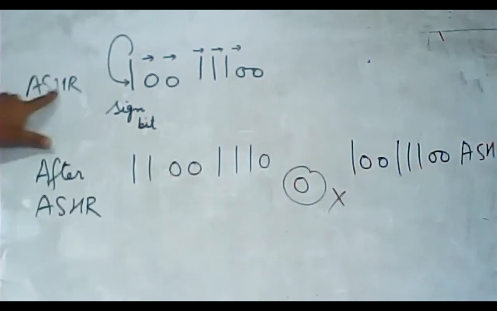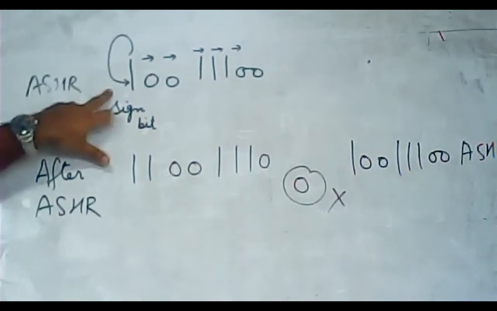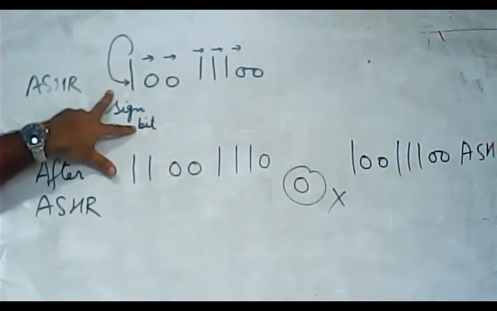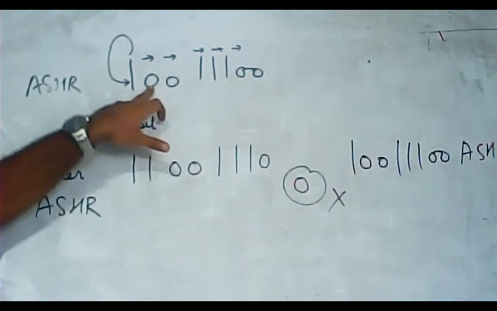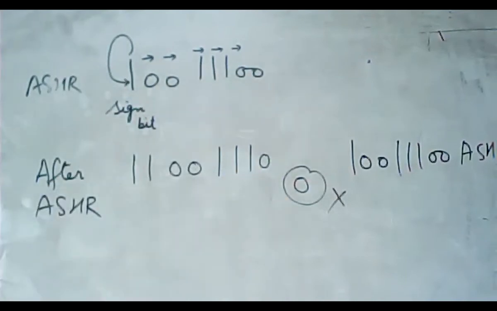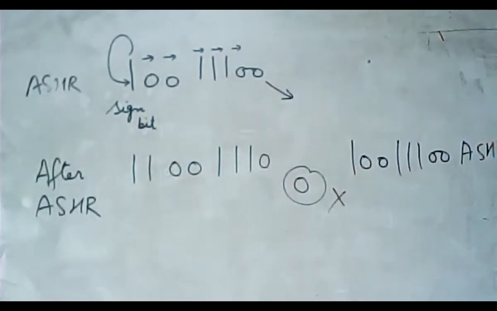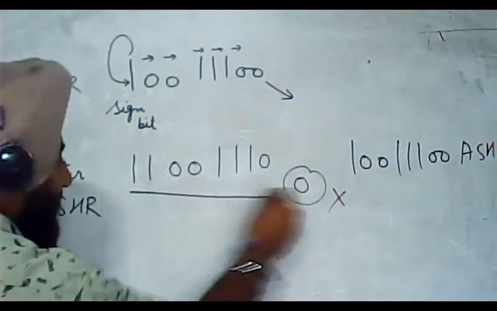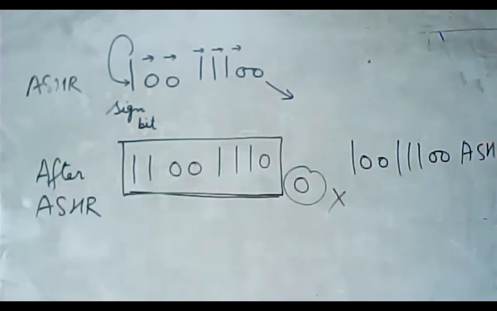In the arithmetic shift right operation, the sign bit keeps the first position and is also copied to the second position, and all the remaining bits move one position to the right, and your last 0 will be discarded. So this will be your answer after ASHR.